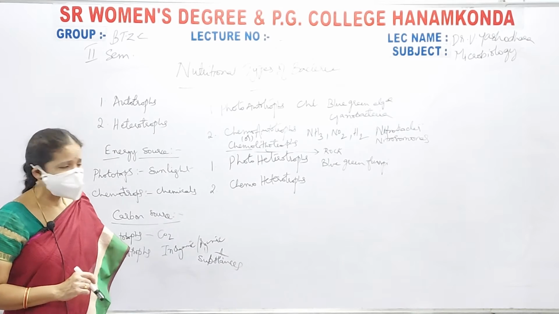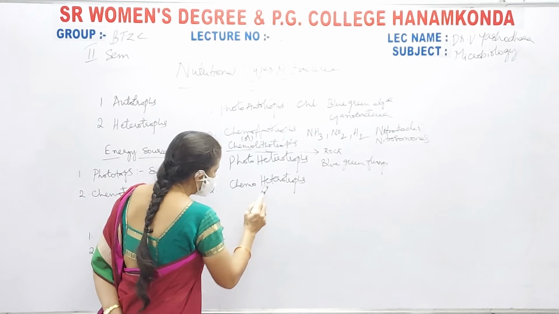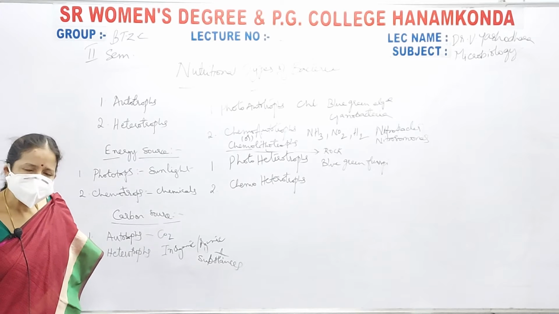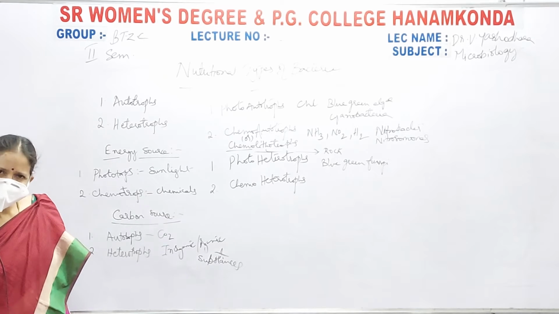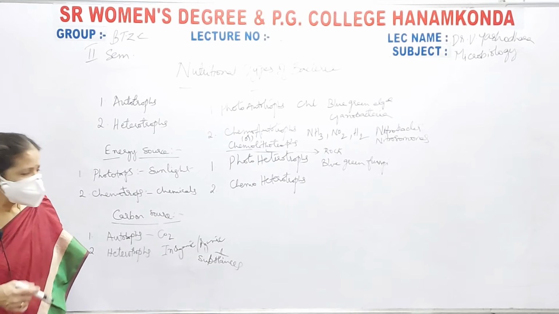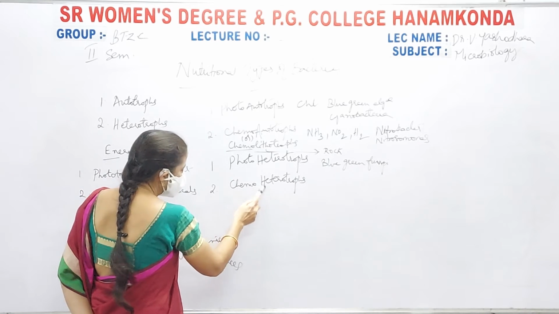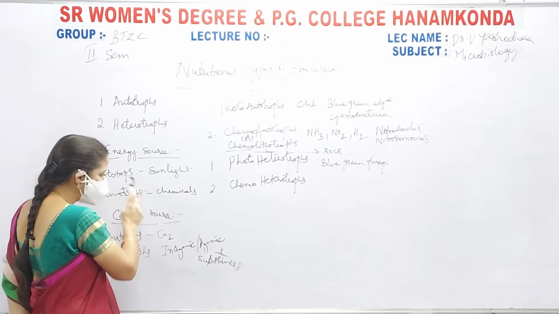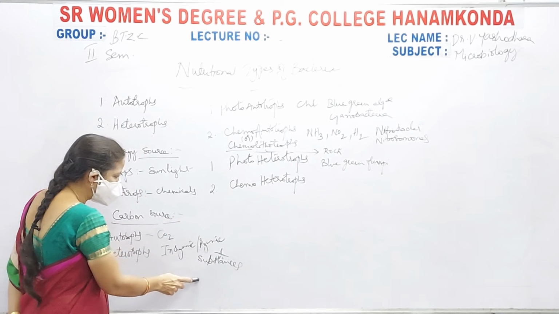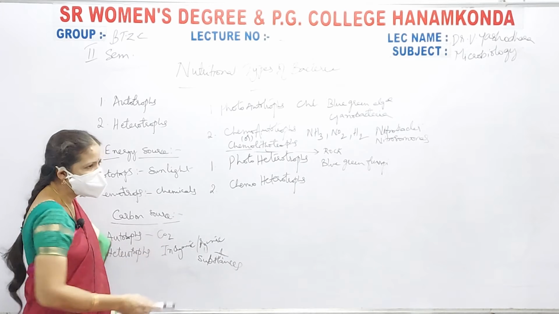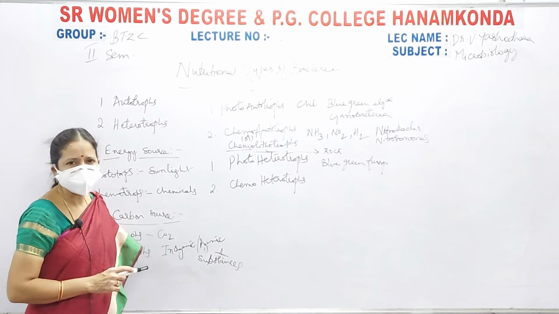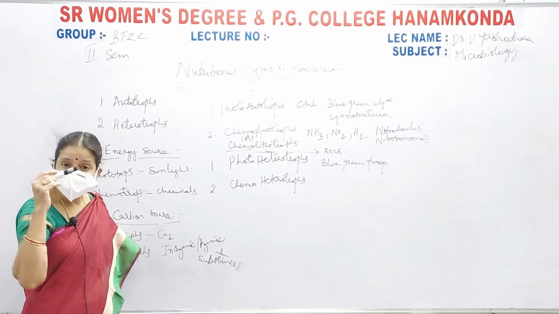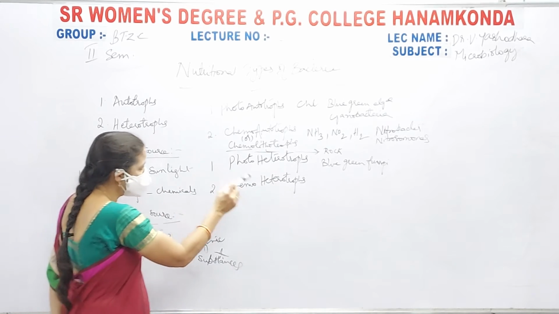Again the same thing, chemoheterotrophs are the organisms that are dependent on other organisms for their organic nutrients, for their nutrition, but they are dependent on such type of organisms which are taking chemicals as the energy source and inorganic or organic substances as carbon source. After taking these two, energy source and carbon source, if they are synthesizing the food, from such organisms only it consumes the food.